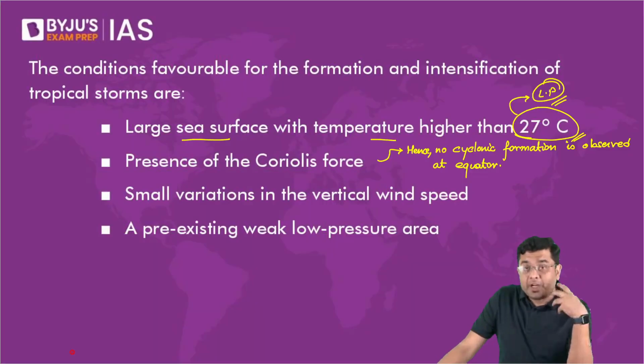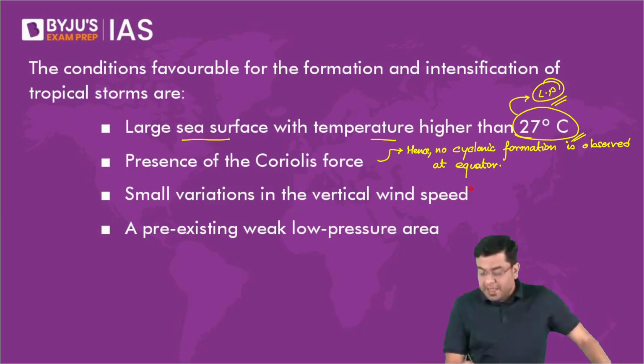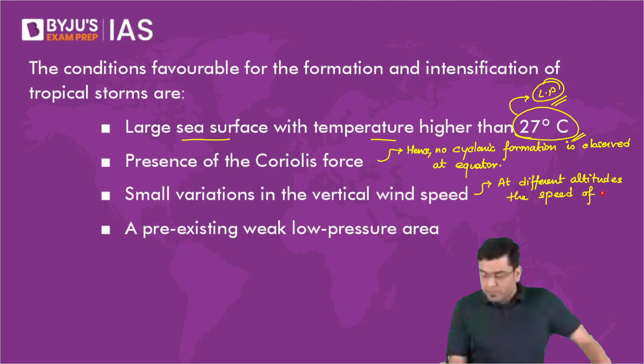What it tries to represent is that at various different levels, at various different altitudes, the speed of the wind should be almost similar. The speed of wind movement is similar.